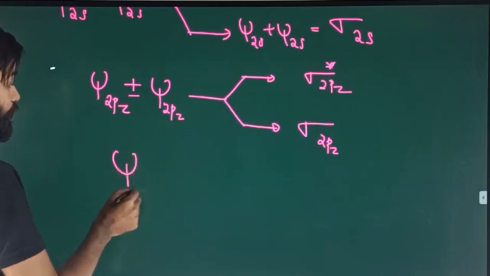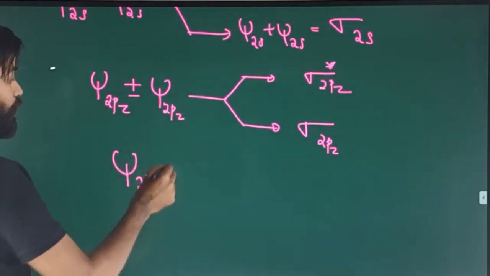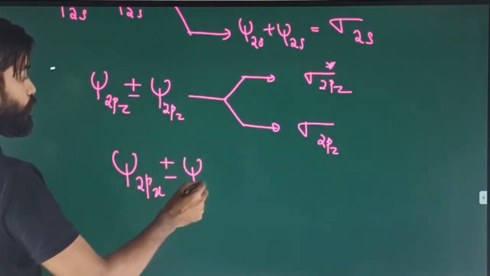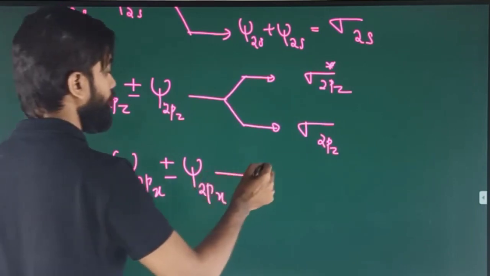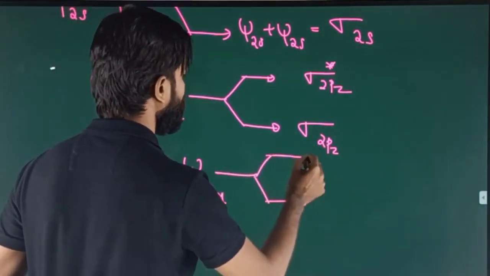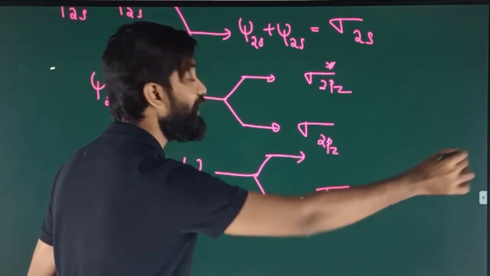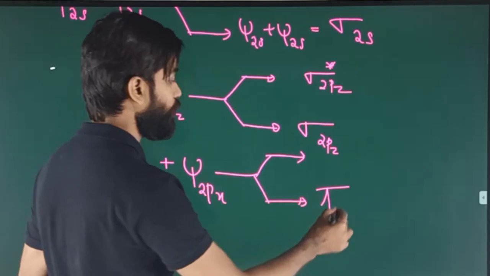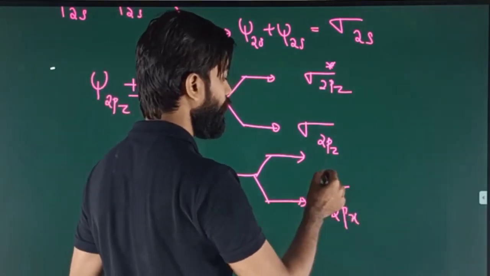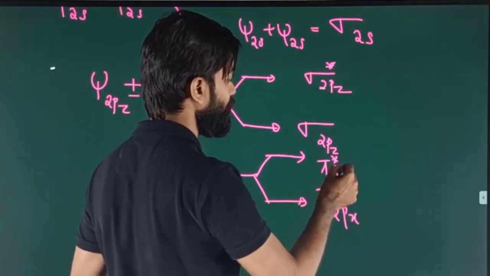Like that, the next wave function is 2px, the linear combination of 2px's. But we know that the x orbital is perpendicular to the internuclear axis, therefore the combination leads to the formation of pi molecular orbitals. So the additive combination forms pi 2px and the subtractive combination forms pi star 2px.